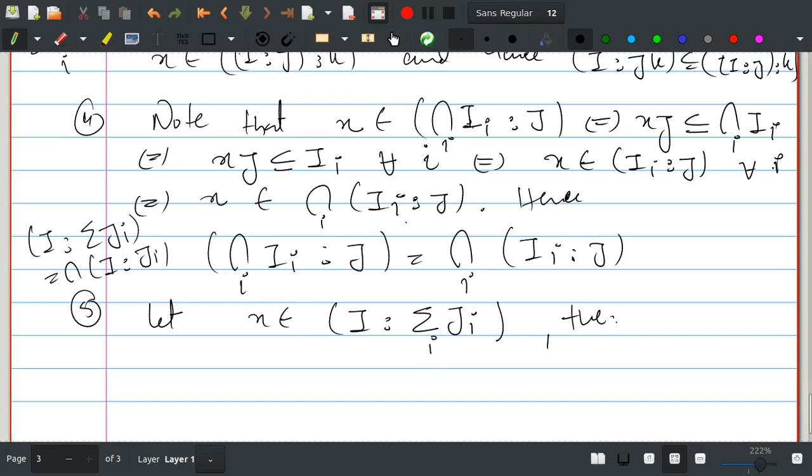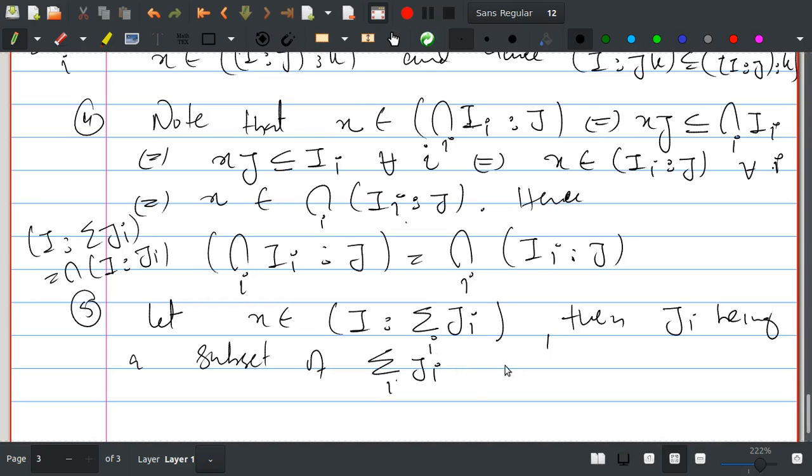Now J_i being a subset of this sum of ideals, we know that xJ_i is a subset of x times the sum of ideals. So x times this ideal is contained in I. This is true for all i.